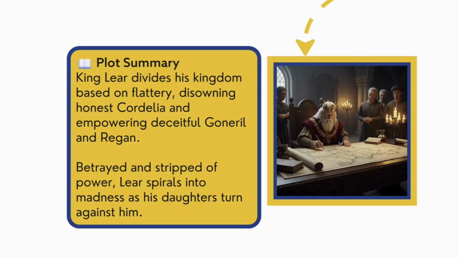So he backs the wrong horses, if I can put it that way. He doesn't side with the right people who have his interests at heart. Anyway, he's betrayed and stripped of his power, and Lear then spirals into madness as his daughters scheme and plot to take over the throne.